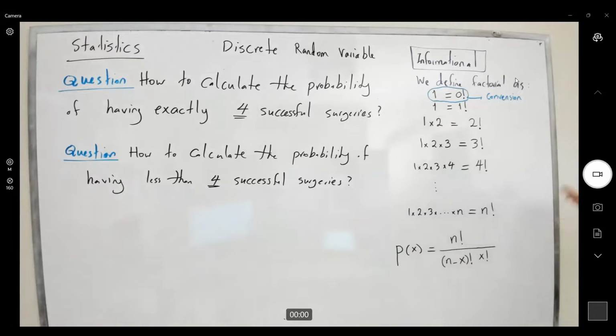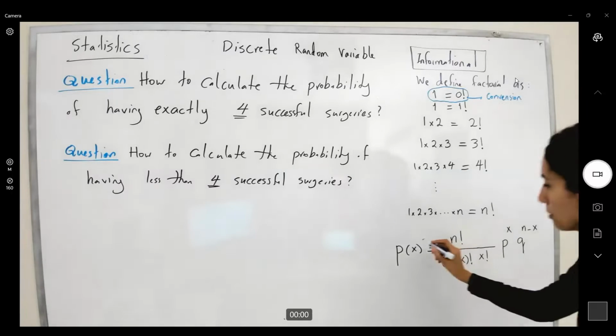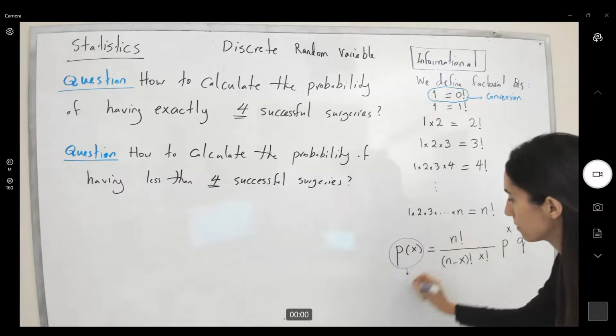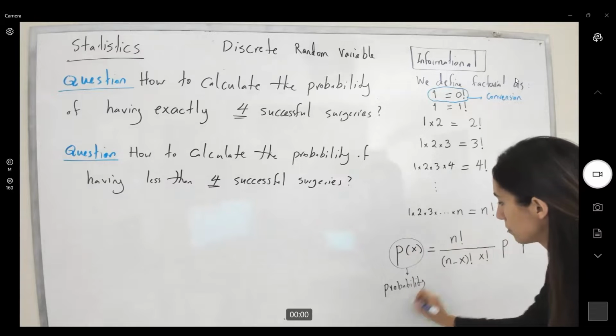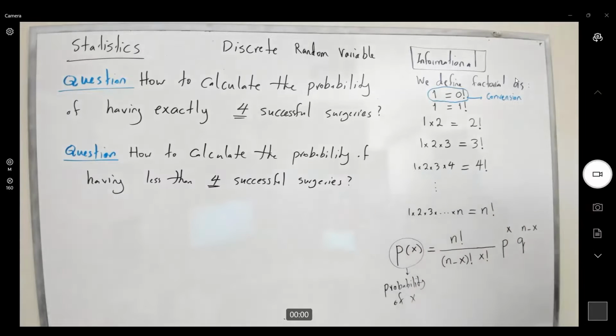Then you need to add your probability of success and probability of failure: p to the x times q to the n minus x. So this is the probability of x. As you can see, you have an ugly formula here: the probability of x is n factorial divided by (n minus x) factorial times x factorial, times p to the x, q to the n minus x.